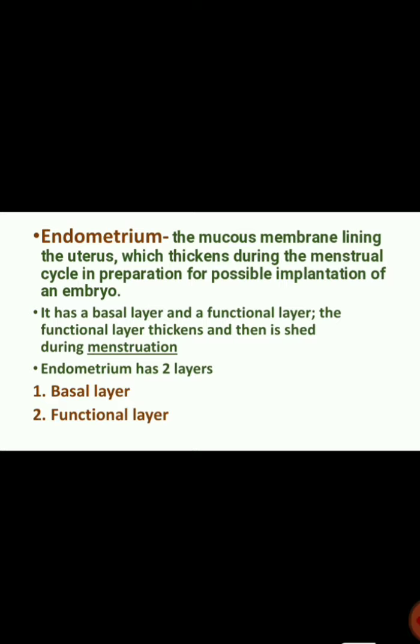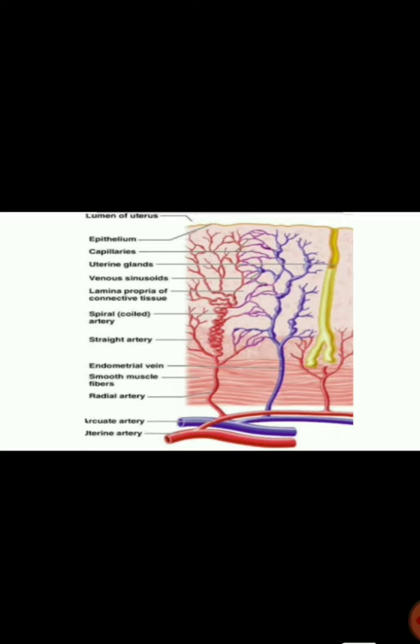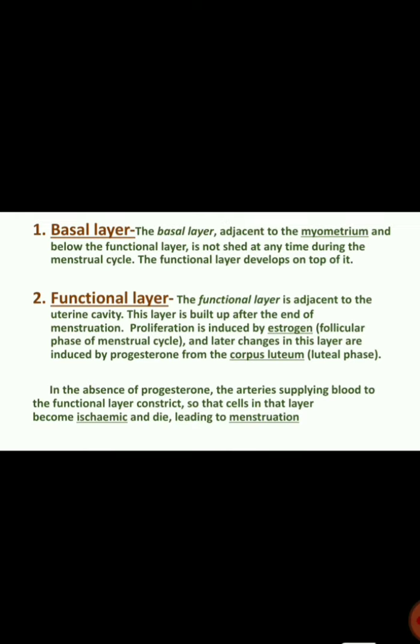So, what are the layers? You can see here the uterine artery, the myometrium, and the basal layer, and here the upper part is the functional layer of the endometrium, which undergoes changes.